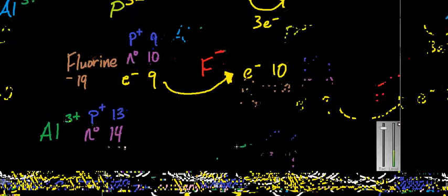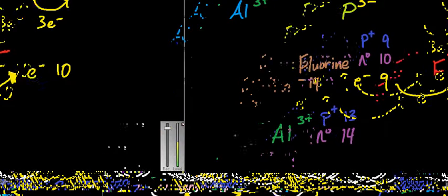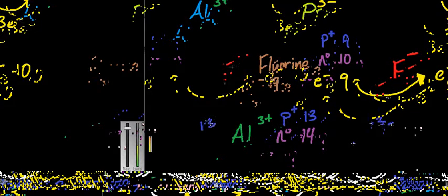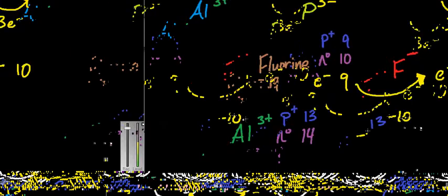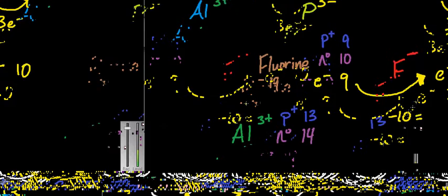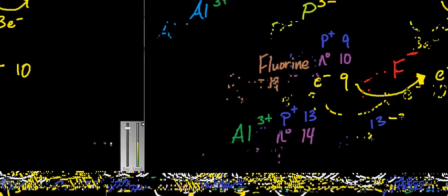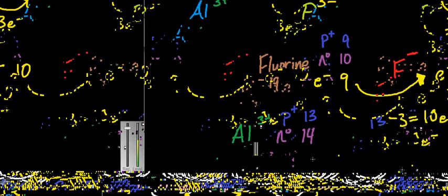And I have a positive 3 charge here, which means I have 3 more protons than electrons. So I'm going to subtract 3 from the proton number, and I get 10 electrons.